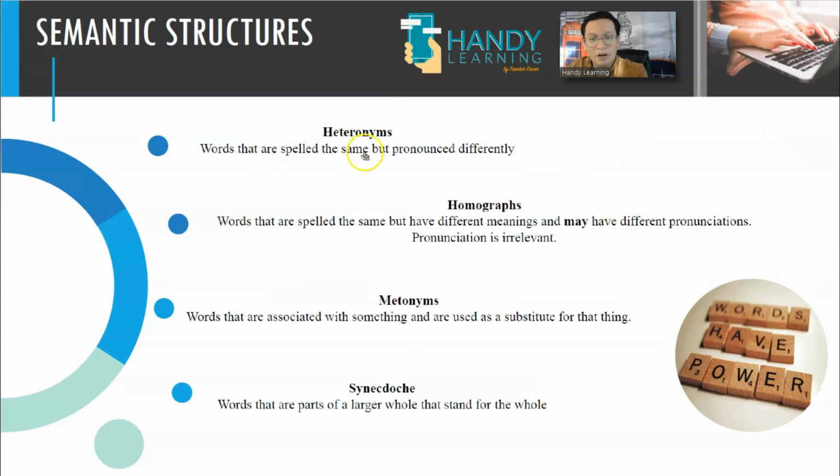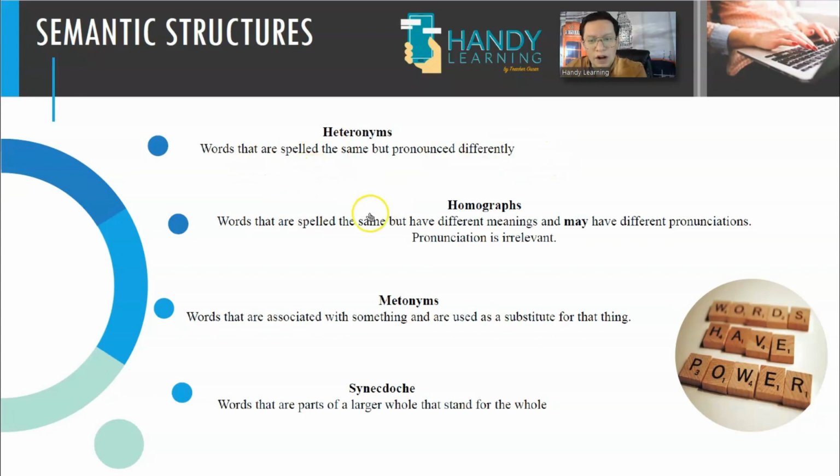Then we have heteronyms, words that are spelled the same but pronounced differently. In this case, these words have the same spelling, but their pronunciation is completely different. Again, click on the link so you can see lists of words which belong to this category.